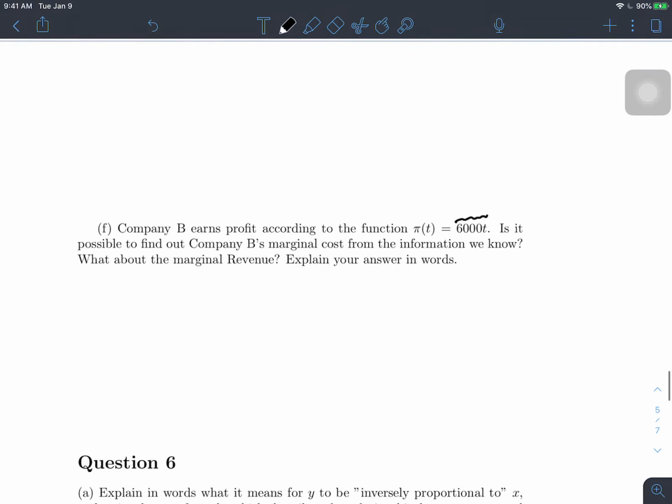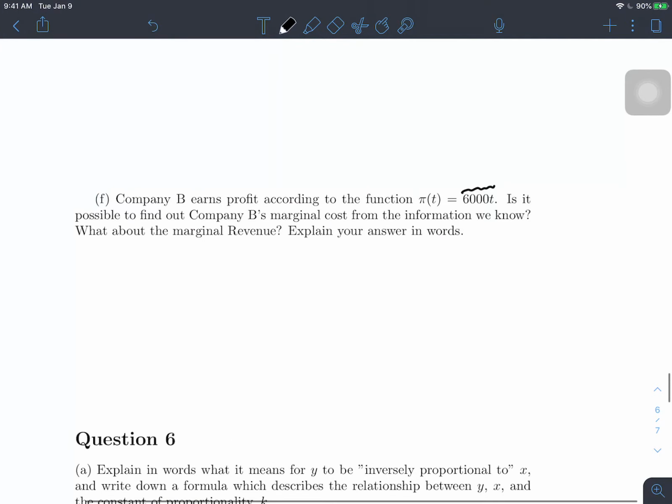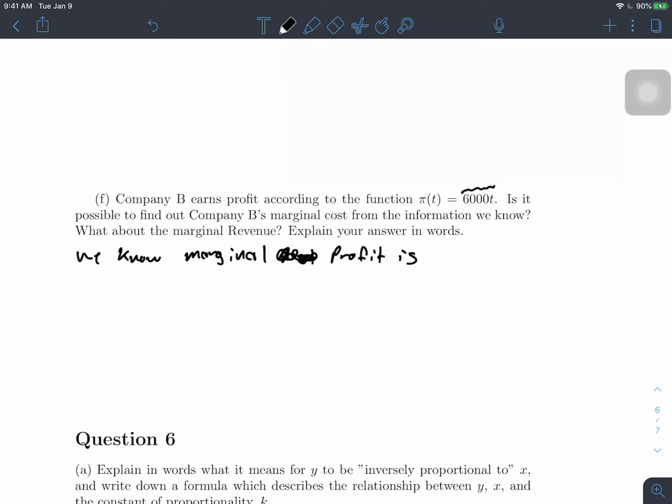The question is, if we know the profit function, is it possible to find out Company B's marginal cost from the information we know? Well, we know that the marginal profit is 6,000 T.